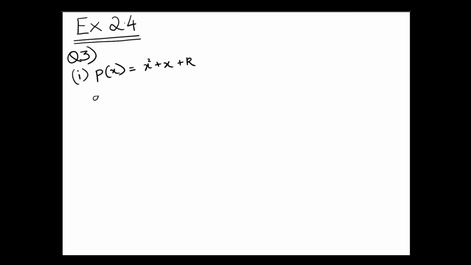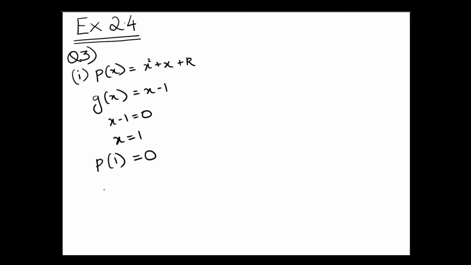Now, we've been told that x minus 1 is a factor of p of x, which means that when I equate x minus 1 equal to 0, giving me x equal to 1, p of 1 should be equal to 0 according to factor theorem.